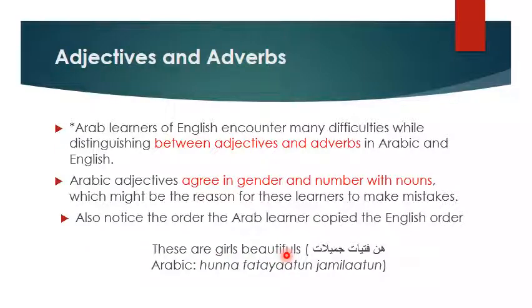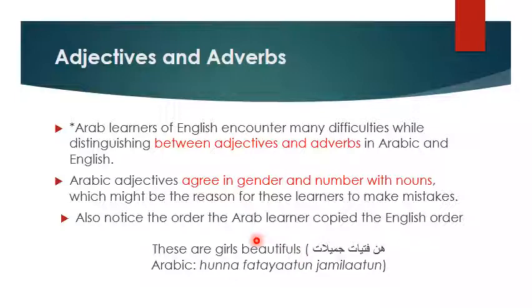With respect to word order, here the adjective beautiful is supposed to come before girls, right? But these are beautiful girls. This is the first error. The second mistake is, as you see here, beautifuls. He said beautifuls instead of beautiful.